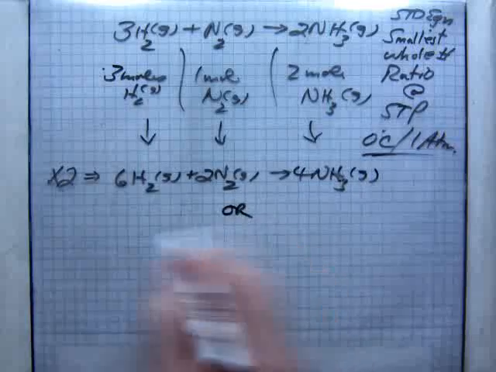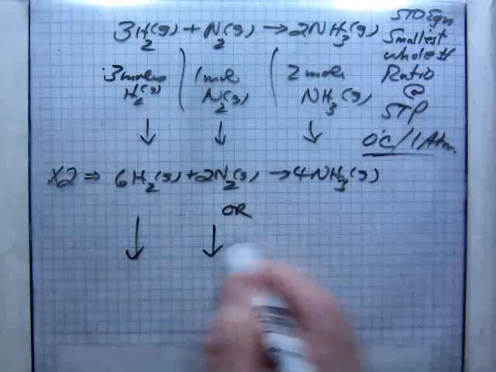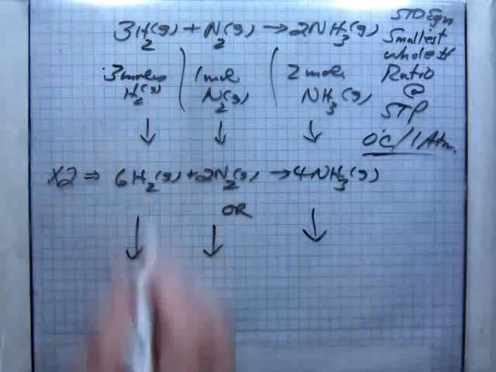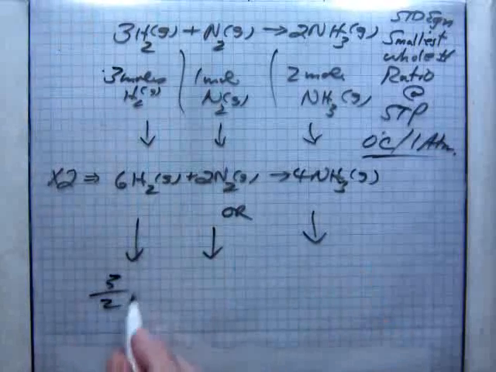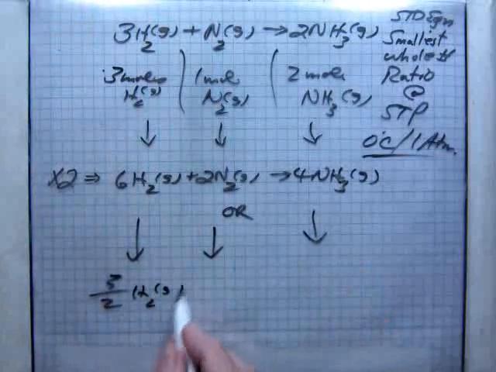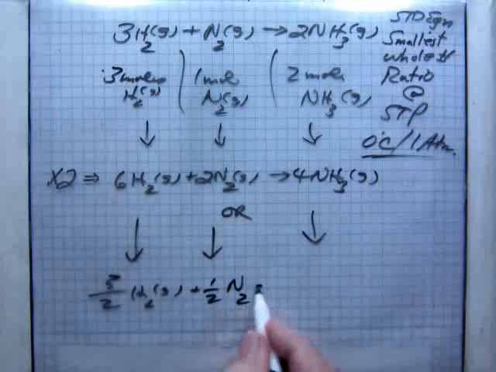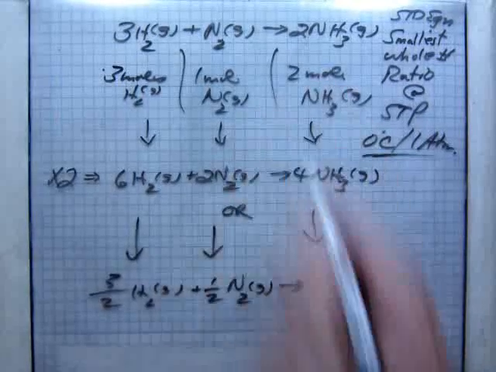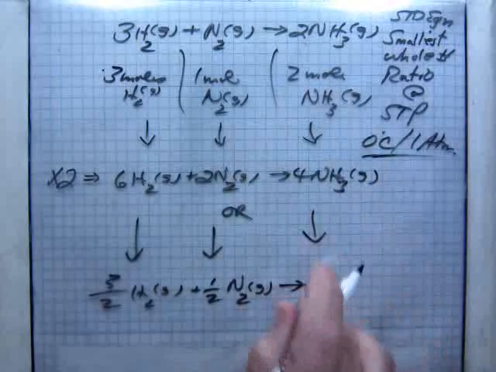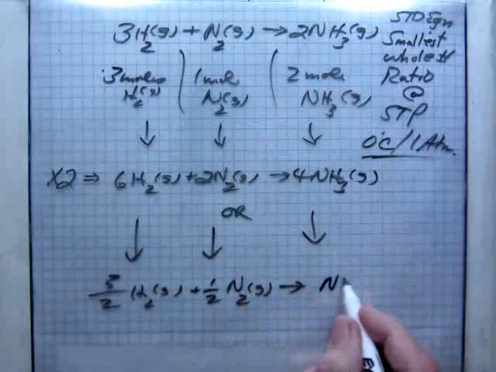Or you can go to fractions, say cut it in half, and you can have 3/2 hydrogen, 1/2 nitrogen, going to 1 mole of ammonia.